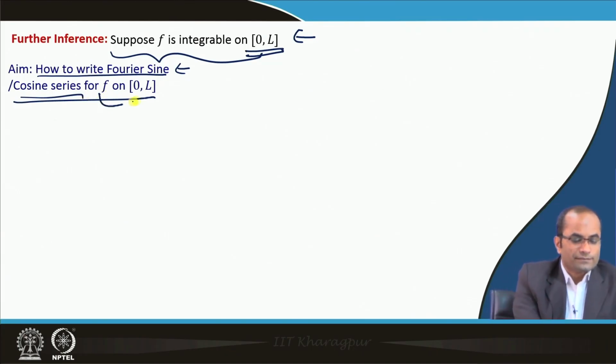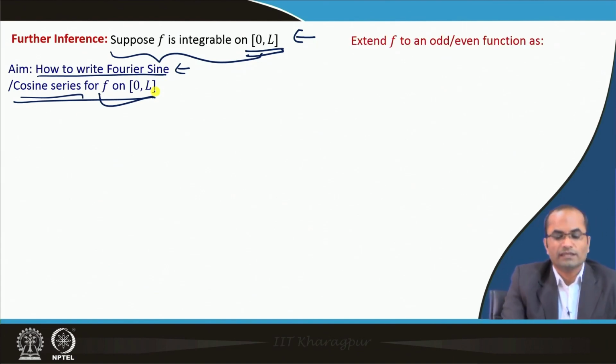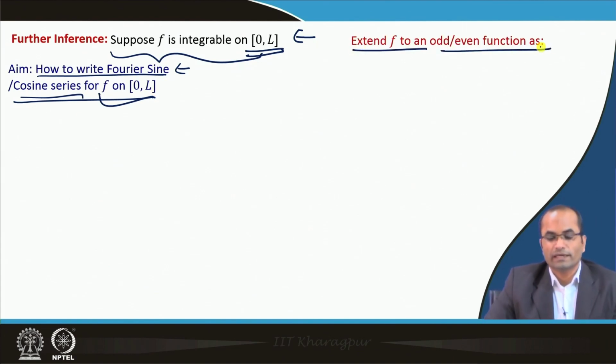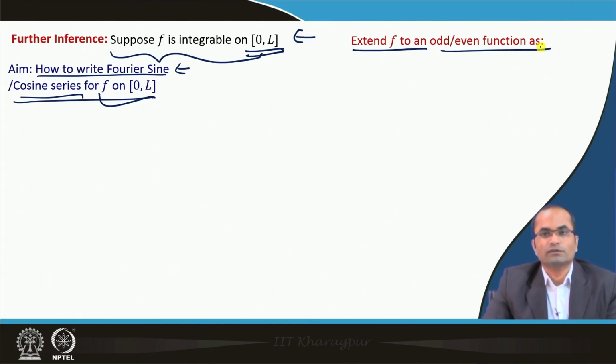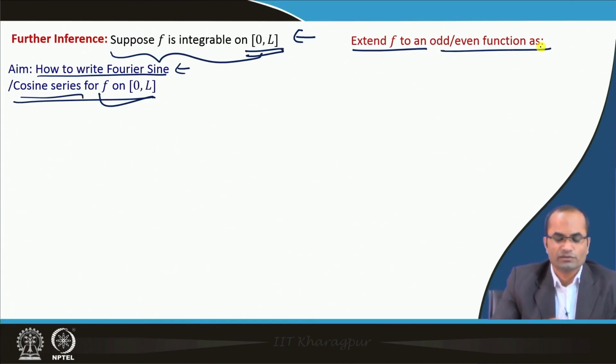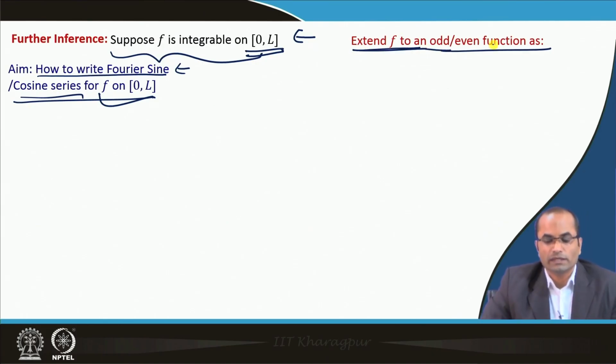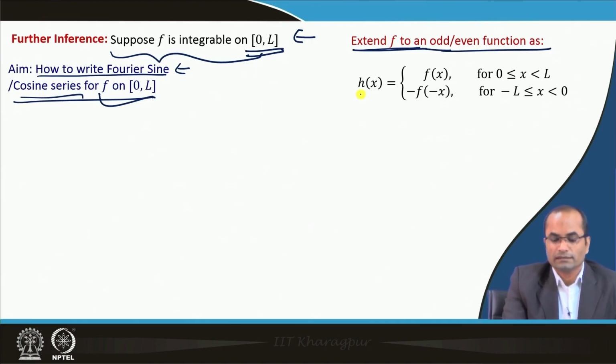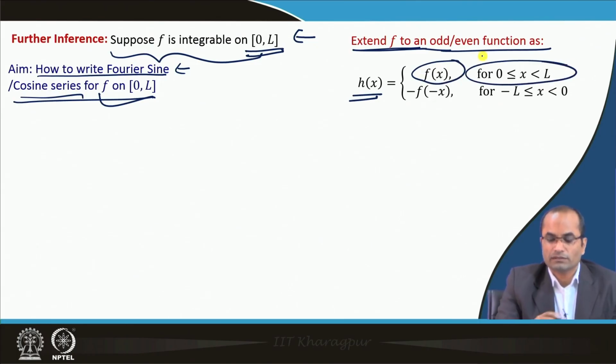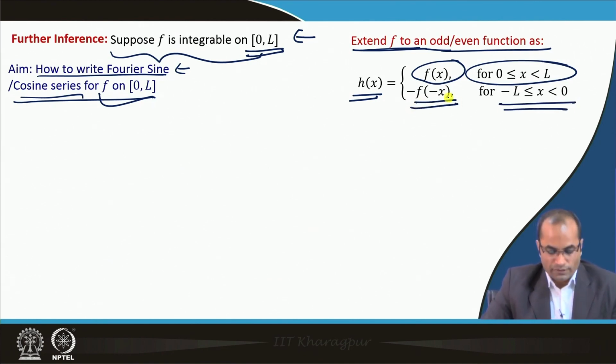And in this case, what we should do is extend this f to an even and odd function. The details of this will be explained in the next lecture. So, just to give some overview and the relation to what we have just done, odd and even function. We can extend this f to an even or an odd function, such that we define a new function h x, where the given f x is already there in the interval 0 to L, and in the minus L to L we have made this odd extension of the function.